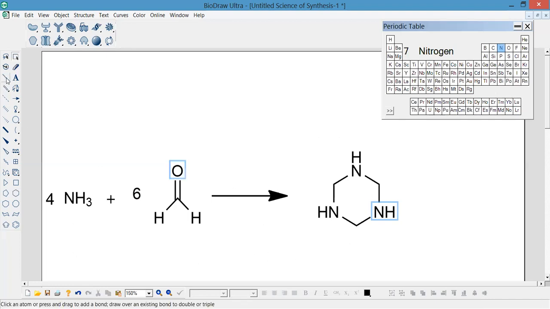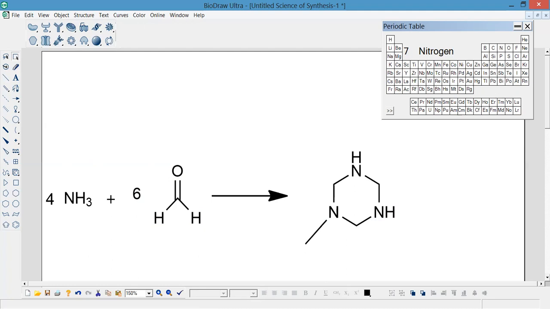Similarly, take different bonds and put this bond like this.